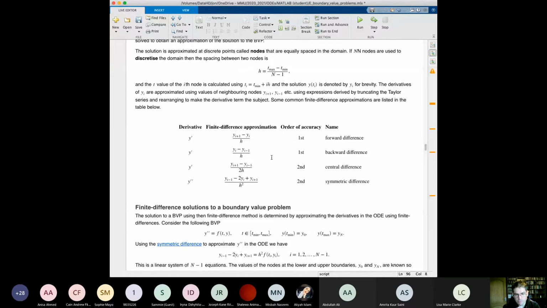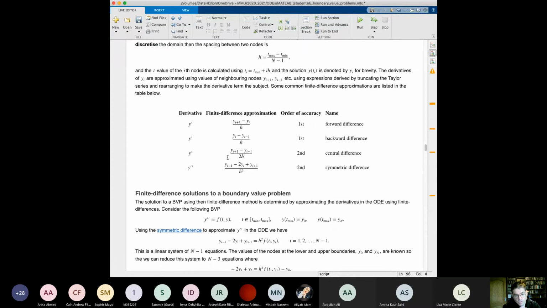Both of these are first order accurate, so they're fairly low order of accuracy. We've got a central difference, which takes the node to the right, or the node forward along the number line t, minus a node backward along the number line t, all divided by 2h.